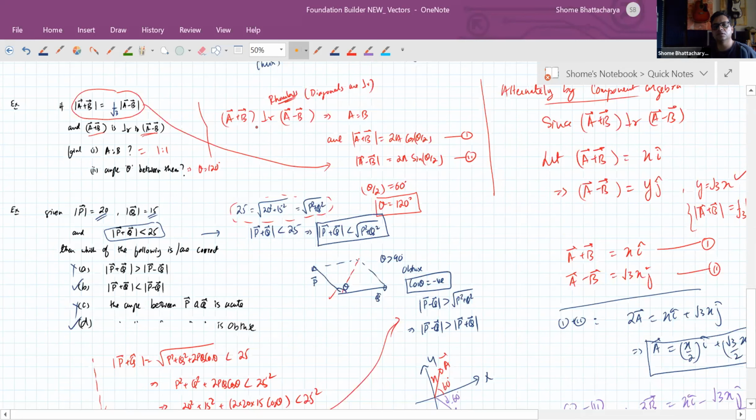So what does that mean in terms of this thing? It's a case where diagonals are perpendicular in terms of the parallelogram. So what kind of parallelogram has perpendicular diagonals? Only a rhombus. So that means the magnitudes of a and b must be equal. And for the rhombus, we have the special formula that mod of a plus b is 2a cos theta by 2, mod of a minus b is 2a sin theta by 2.